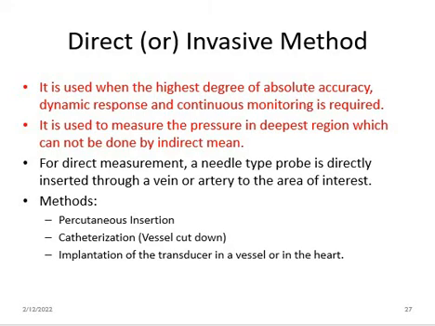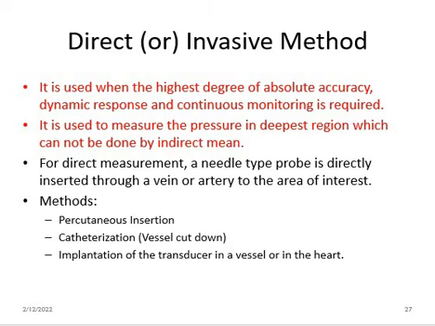Even it can be measured in the sinoatrial node itself, where the origin of the biopotential happens, and in some cases it will also be measured in the ventricles. So wherever it is required, we can measure by placing the electrodes.